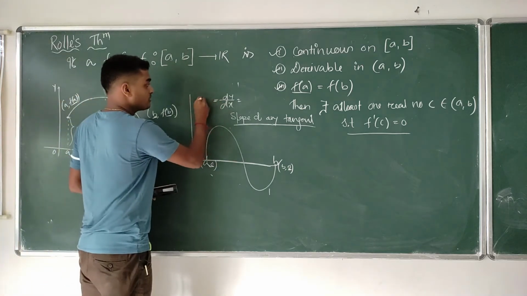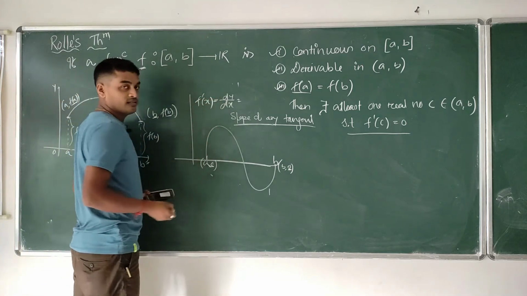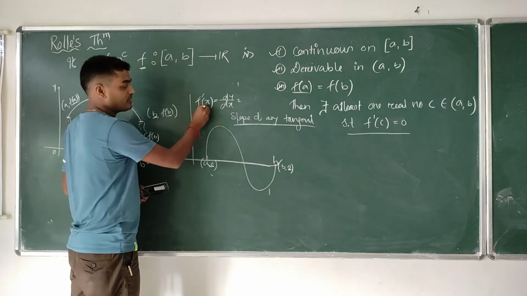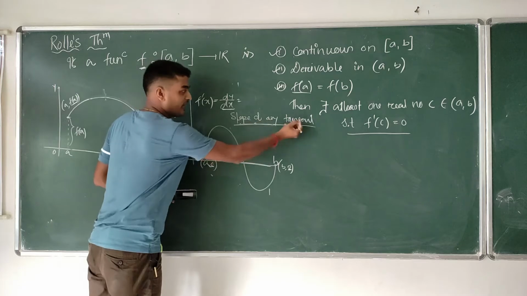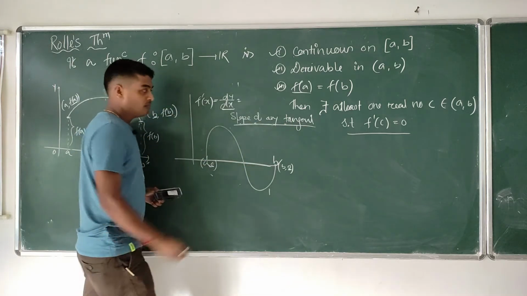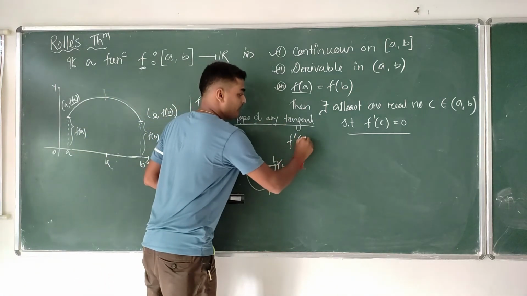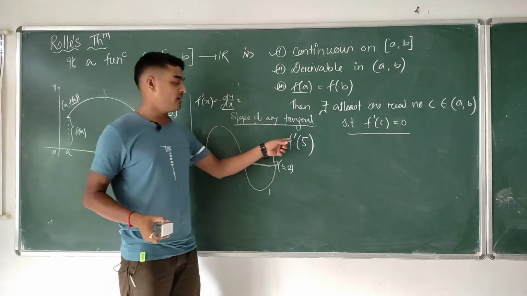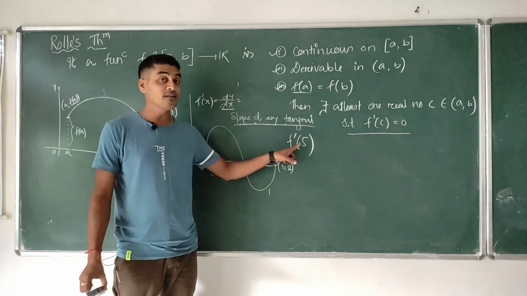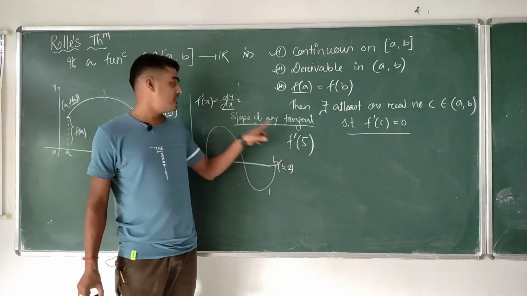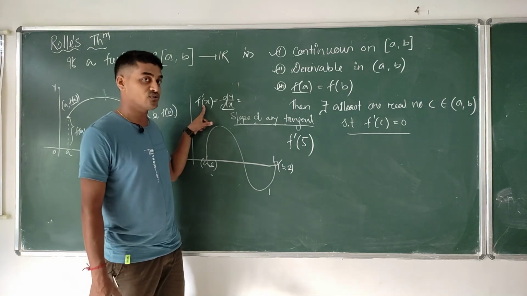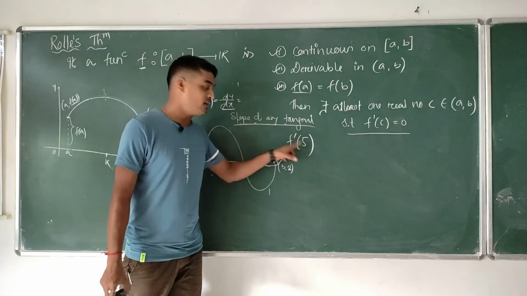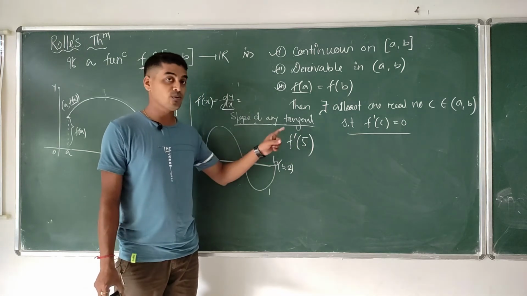This is also represented by f'(x). Am I correct? What does f'(x) mean? f'(x) means dy by dx, and dy by dx means the slope of any tangent. But what does f'(5) mean? This is the slope of a particular tangent. Generally f'(x) is the slope of any tangent; if I put a particular value in place of x, it is the slope of the particular tangent.